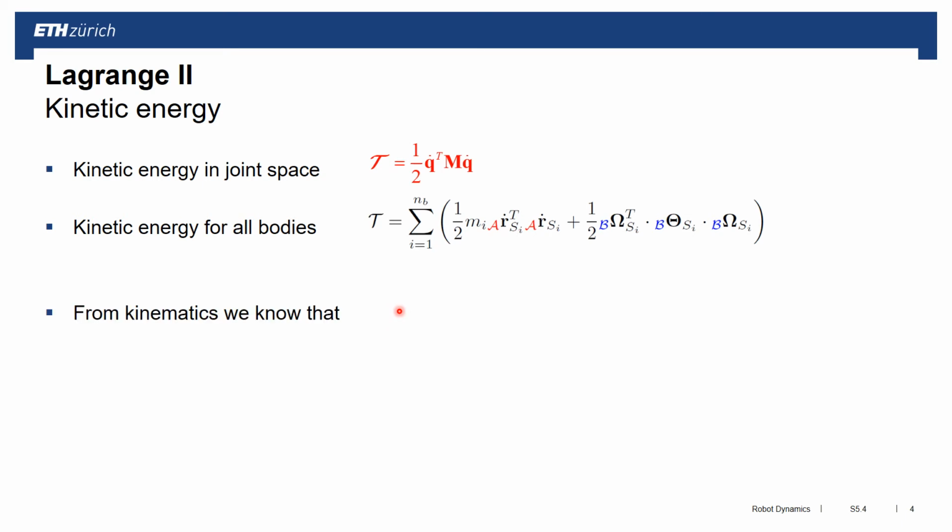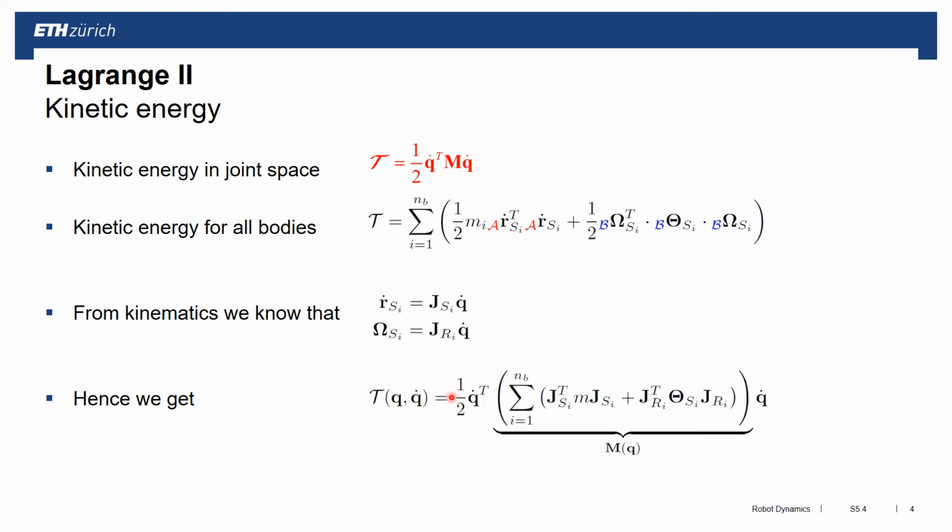Now we can again include the kinematic relationships, which says that the velocity of my center of gravity of body i is the Jacobian at that position times the generalized velocity. So it's the Jacobian, which is again mapping joint space, generalized space, to task space or end effector space, or in that case the center of gravity velocity, and the same also for the rotational direction.